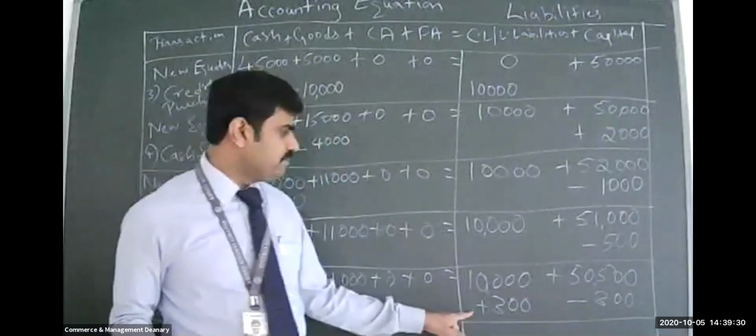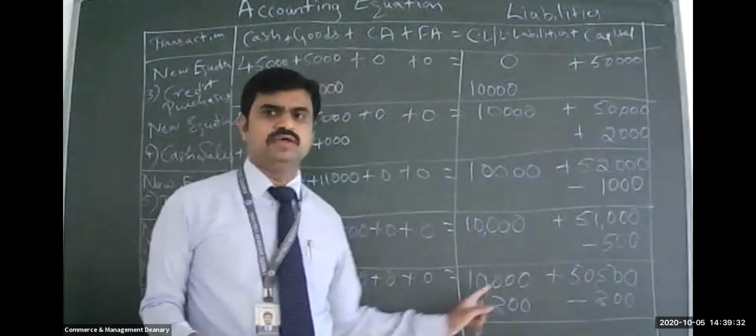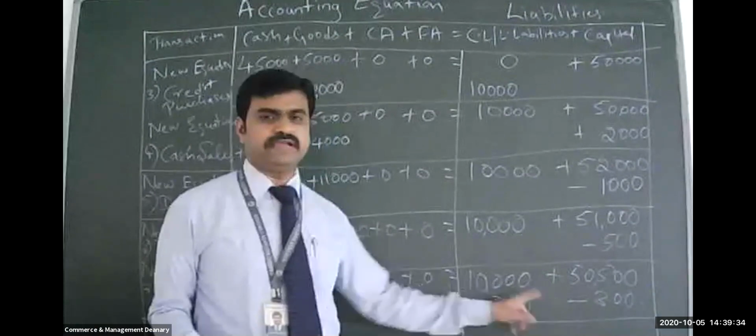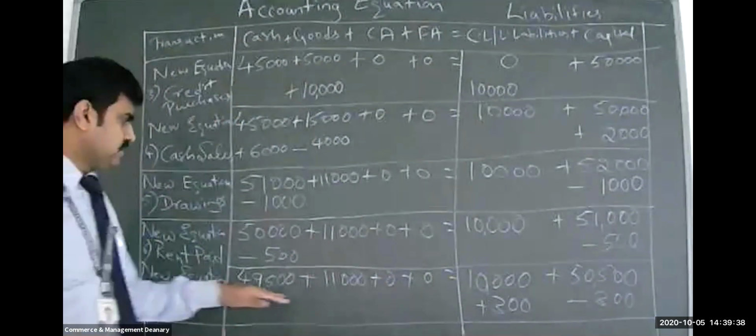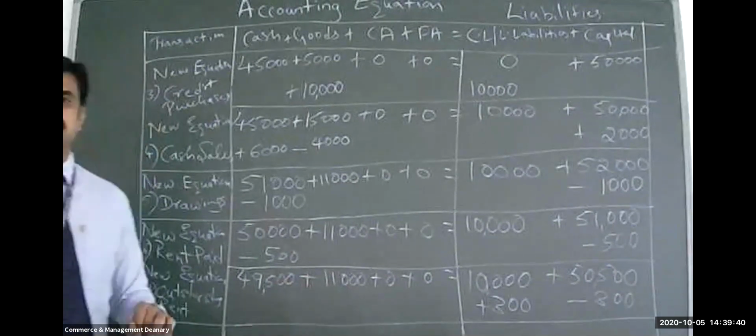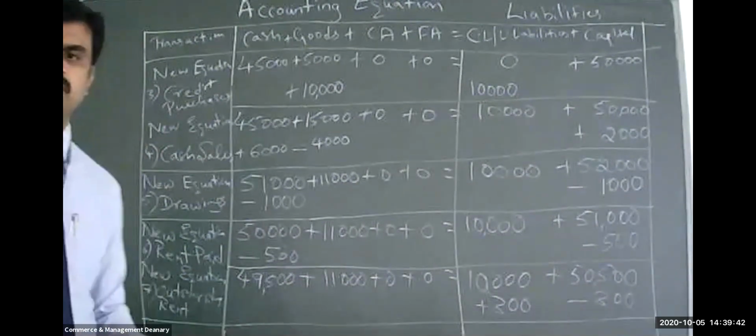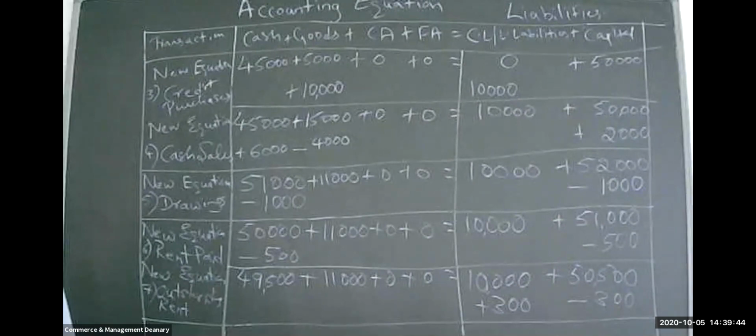Now you see here, plus 300 and minus 300. So what is the net effect? Net effect is 0. So it is not affecting your asset side. Understood, students? Yes, sir. Now write the new equation.